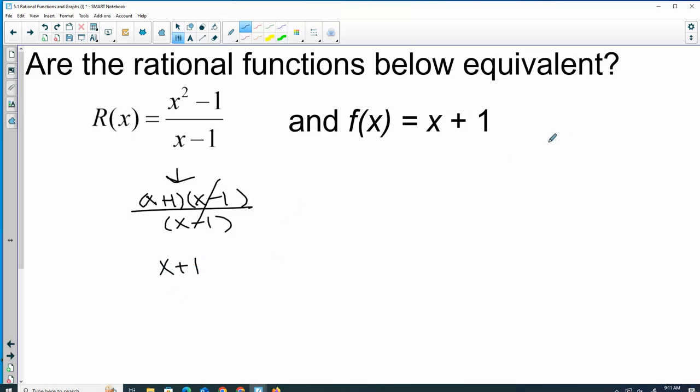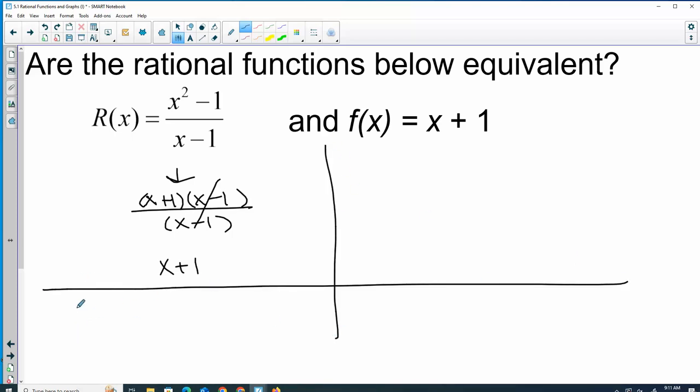So they look equivalent. And in everything we've always done, we've treated those as equivalent. We would take something and reduce it. But they're actually not, because they're almost equivalent. What's the domain of this one? I told you domain is based off the original problem. What's the domain of that?